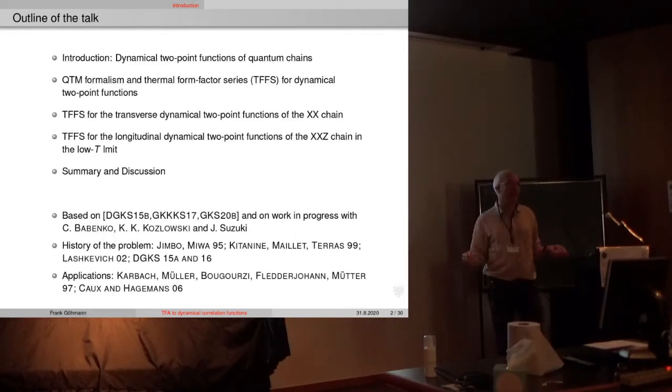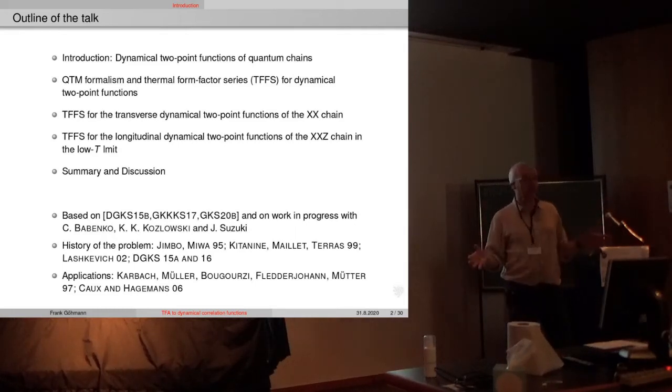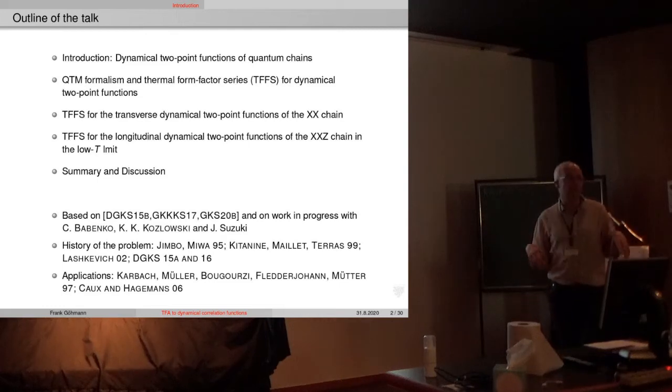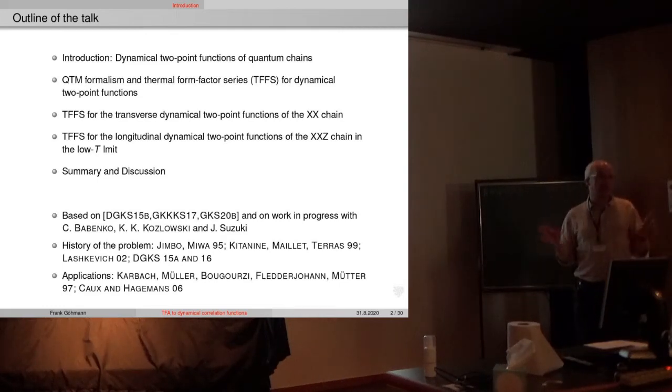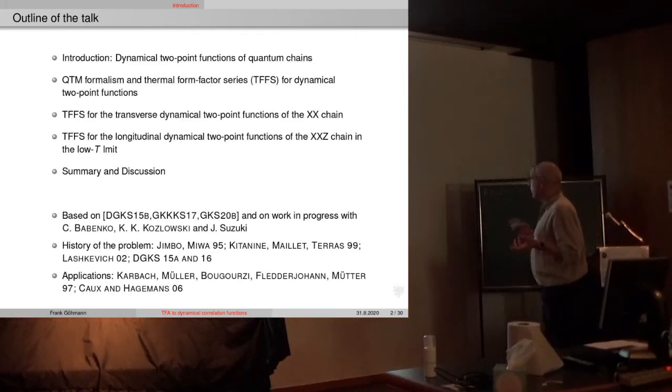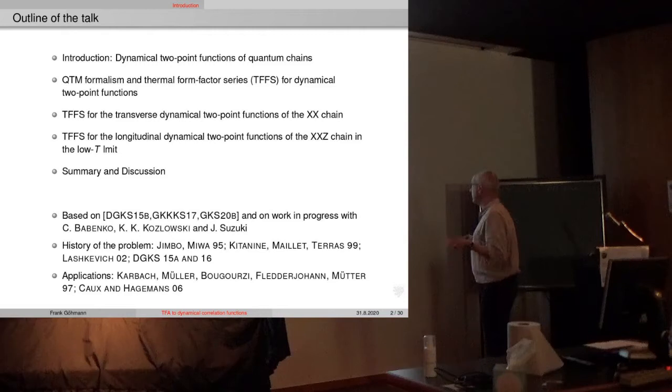This is for finite chains, so they take a finite chain and calculate form factors in terms of Bethe roots. So they are parameterized by Bethe roots, some parameters which are solutions of complicated nonlinear equations. So this is the second story, the Bethe ansatz approach to form factors.